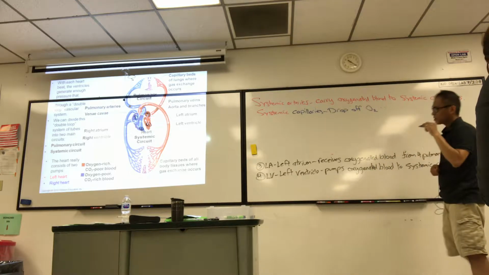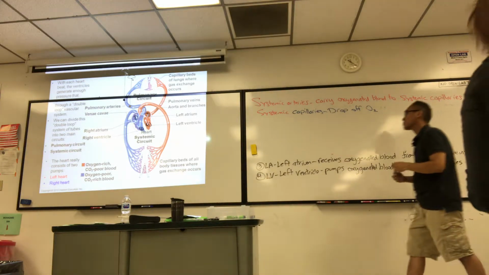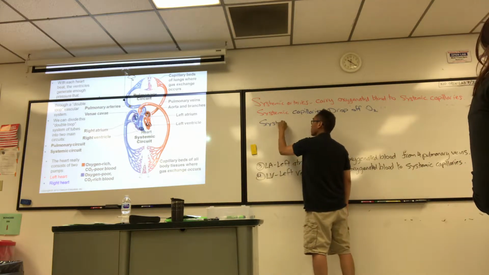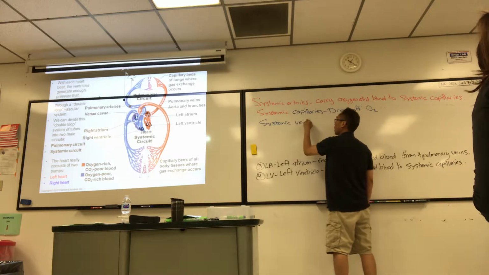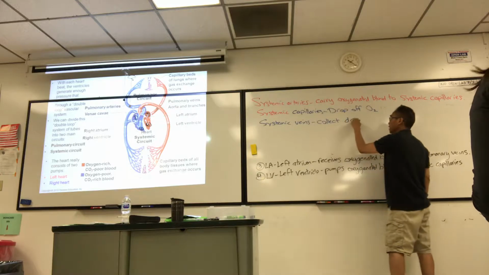It's the job of the systemic veins to collect this spent blood and return it to the heart. Collect deoxygenated blood.